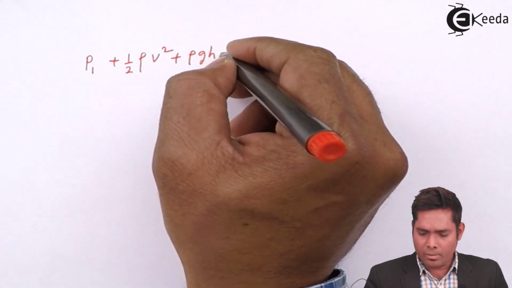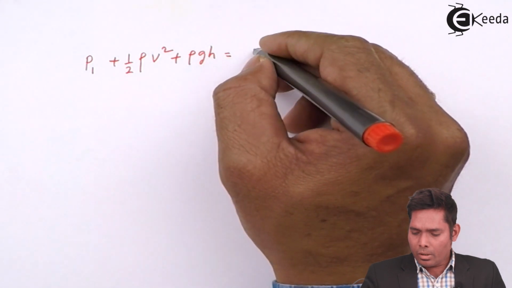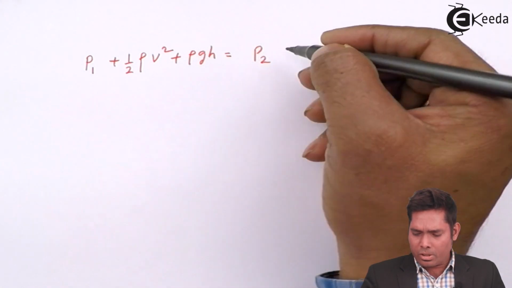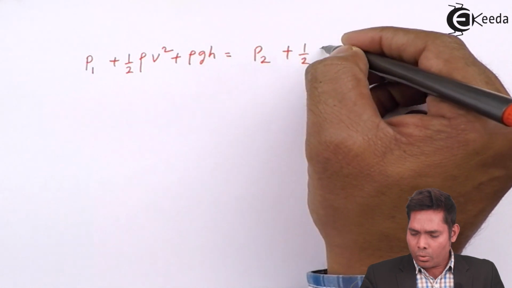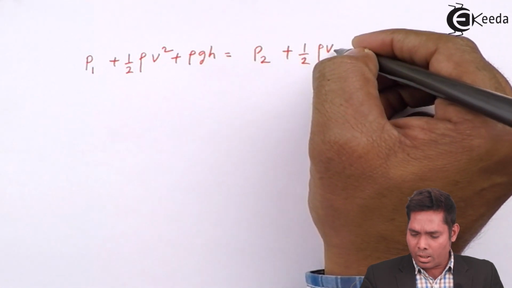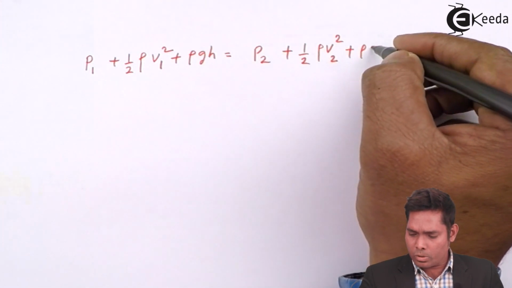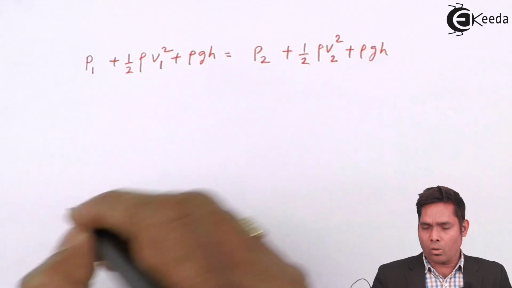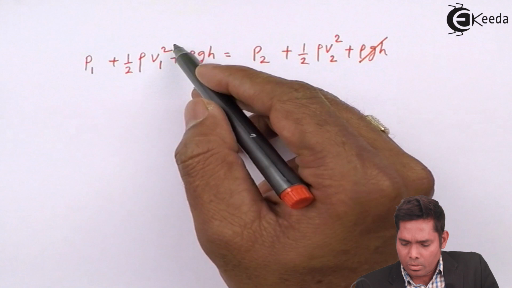The interior point pressure is suppose P2, plus half rho V2 square plus rho gh. Because the height is almost the same, roof and the top, this will cancel out.